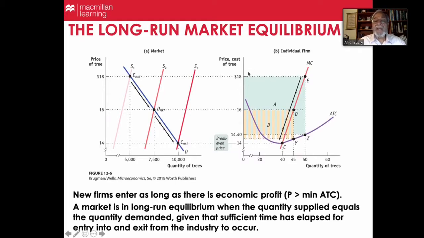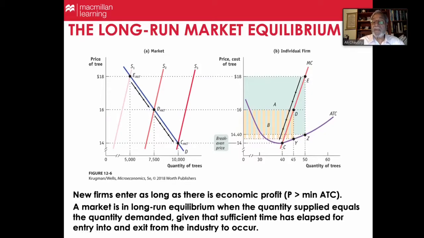And again, for an individual firm, you can see the marginal cost curve representing the supply curve, right? And here we see where they are making money at a price of $18. What happens at a price of $16? Okay, they're still able to make some profit, but if the price drops, this is where the break-even price is, right? Where the average total cost is equal to the marginal cost and the price at that point.